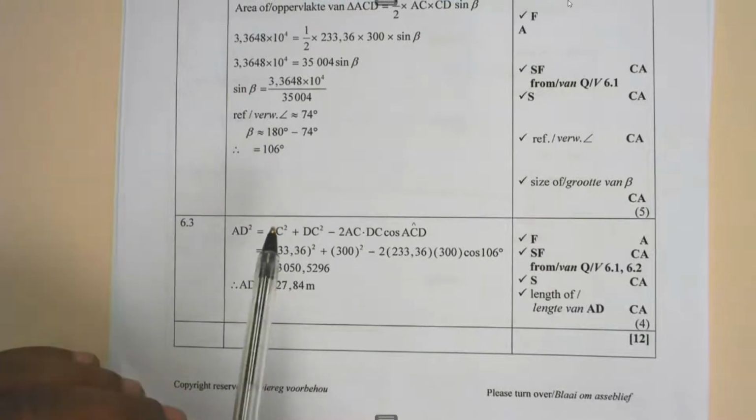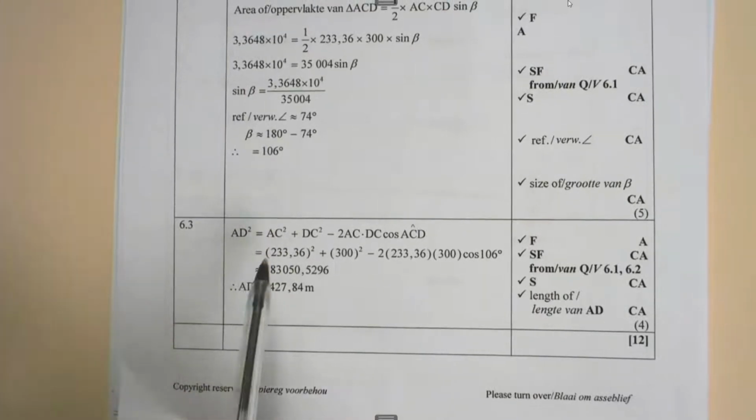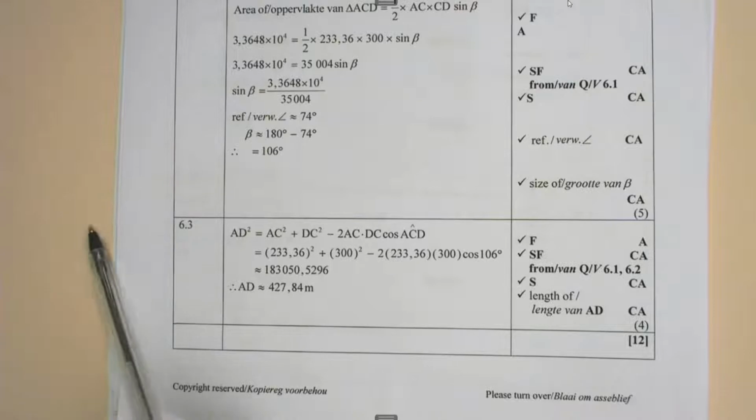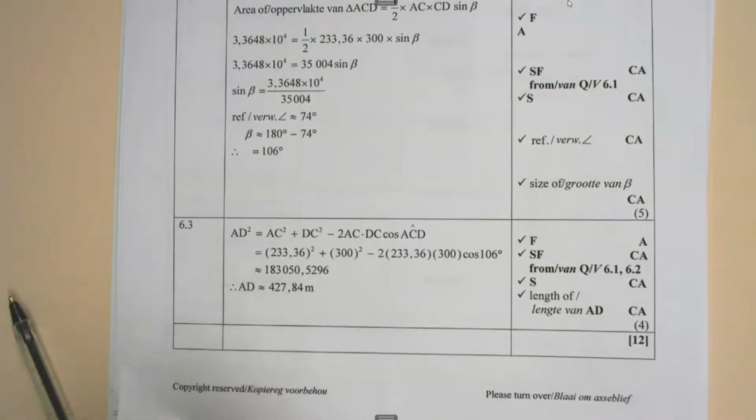Because it is there in their formula sheet, even in the question paper. So learners have to just take it, put it here and substitute the values that are given. And then when they take the square root of 183,050,5296, it will give us 427,84.